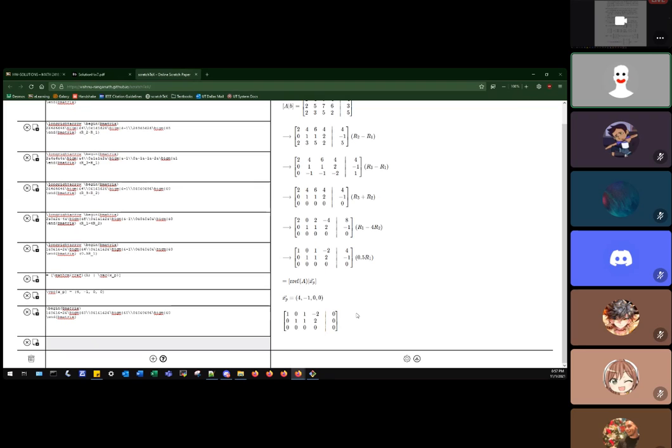What that gives you is this matrix equation, and we want to find the null space of this. We first recognize that these two columns are free and these two are pivot columns.